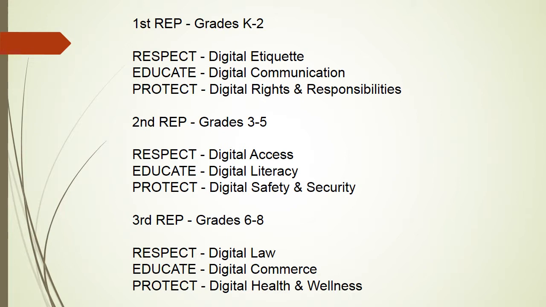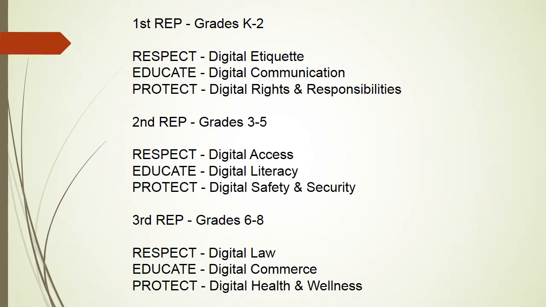And then as they build, we don't lose those. So just as I mentioned about repetitions, we don't lose etiquette, communication, rights, and responsibilities when we go into grades 3 through 5. We now build upon them. We now talk about access. We talk about literacy. We talk about safety and security.